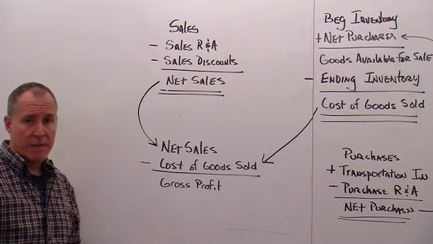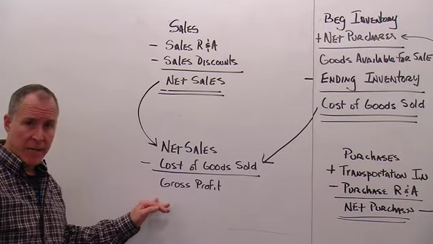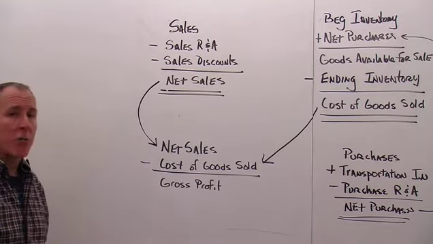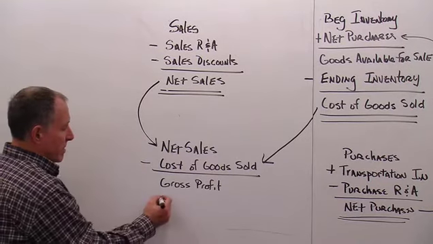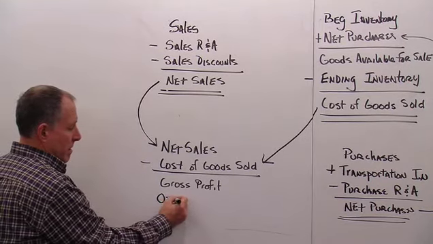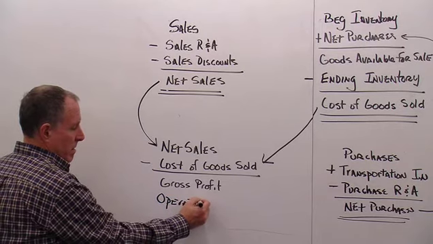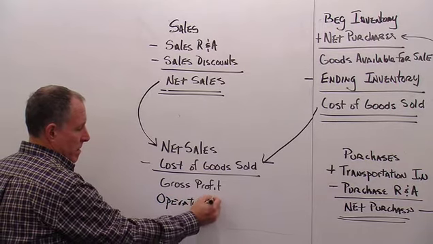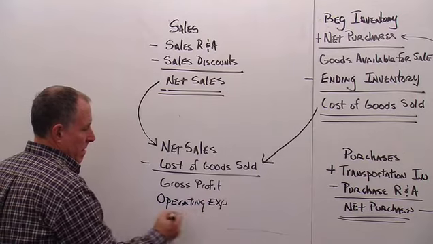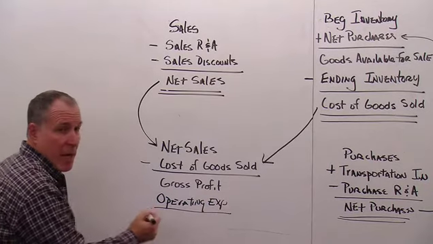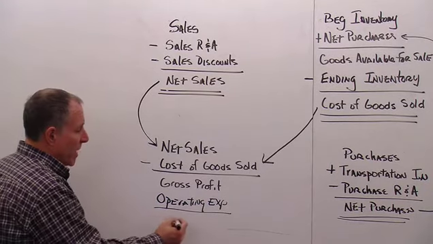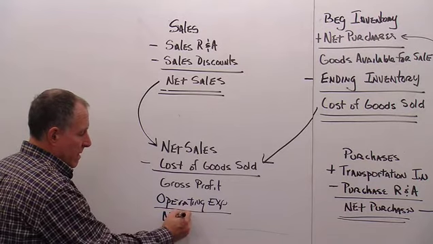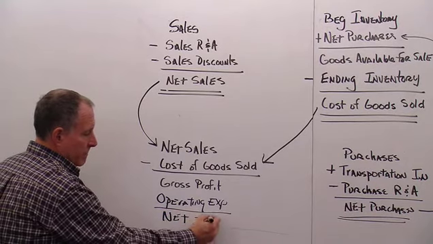From gross profit, and I'm going to put on the board right here, you're going to deduct your operating expenses. And when you deduct operating expenses from gross profit, you will get your net income.